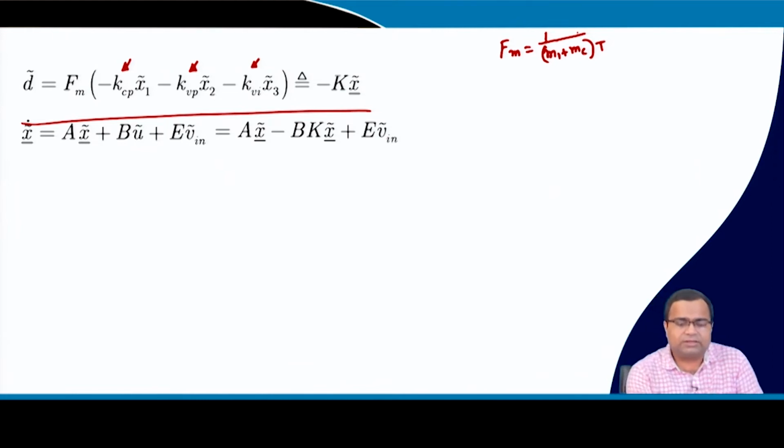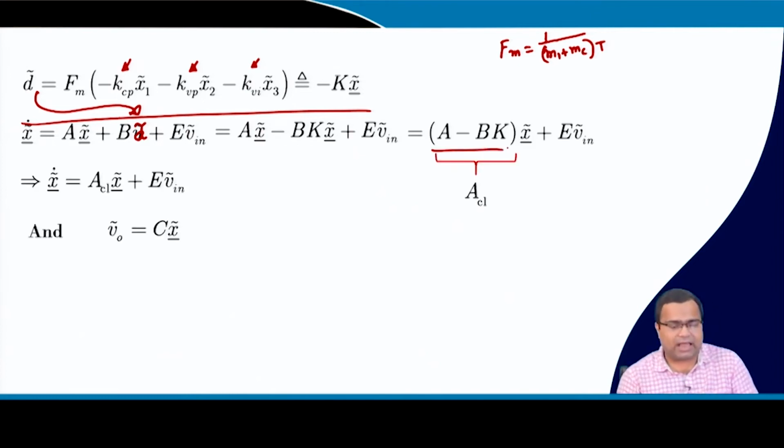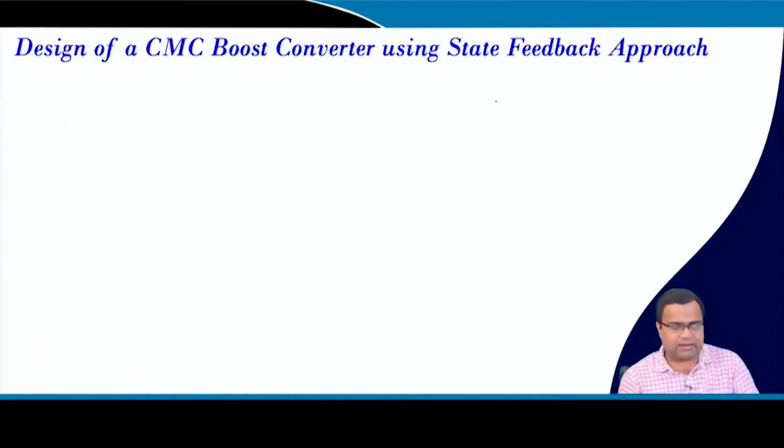If we substitute this D expression, the duty ratio, then you will get this, and this is my closed loop matrix, and this is my output matrix.